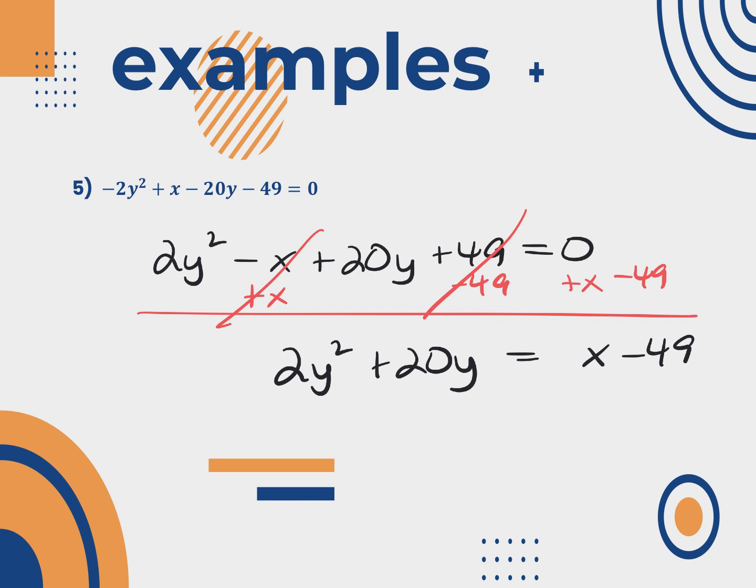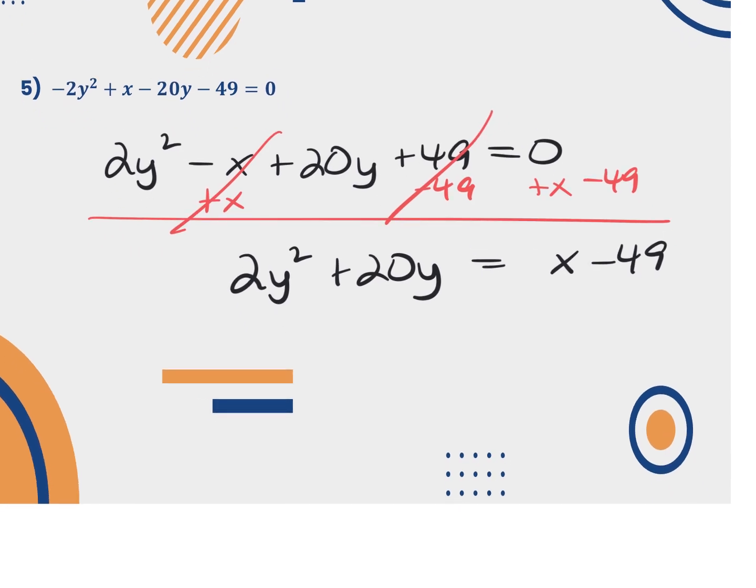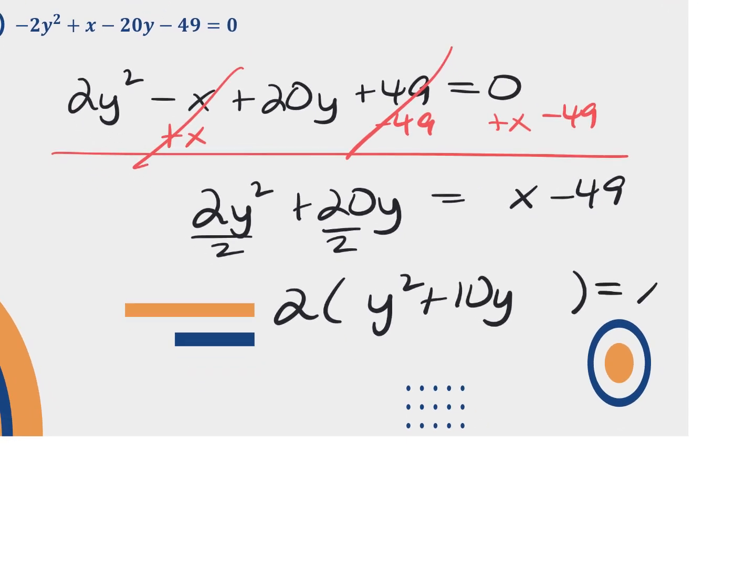So now I need to have the coefficient in front of my squared term be a 1, so I have to factor out 2. So then it's going to become 2 times y squared plus 10y, leave a blank space, equals x minus 49. Is this where you do the b over 2 squared? Yes.